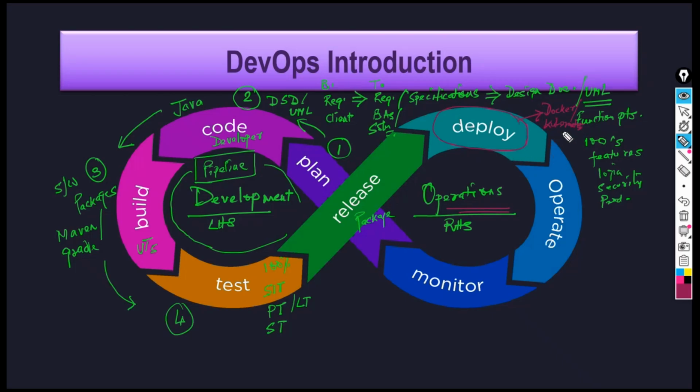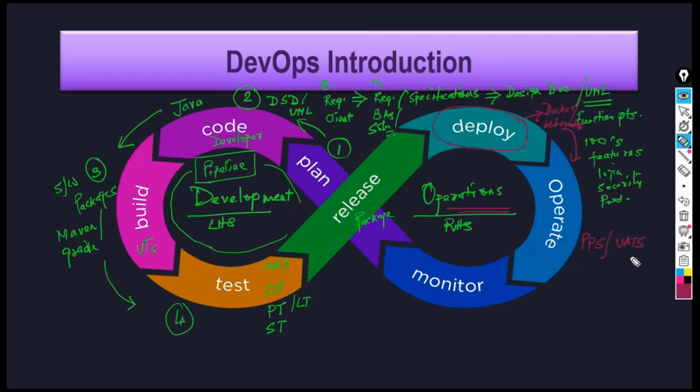Kubernetes will generally come in the operate phase, but yes, Docker. You are making an image out of the entire release. You are putting that into a container, or basically an image of the application, to ease the deployment. And then it can be deployed over to pre-production servers or UATs.